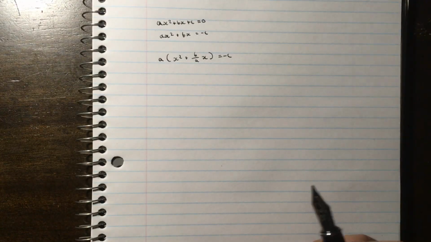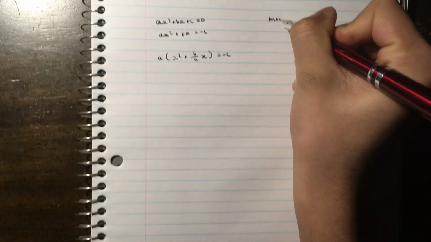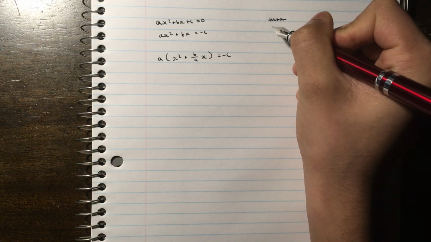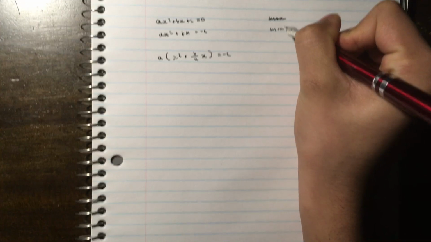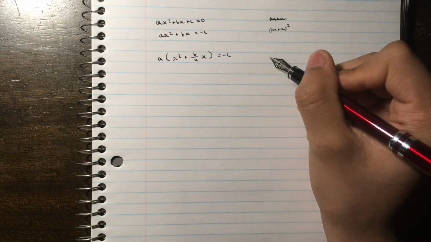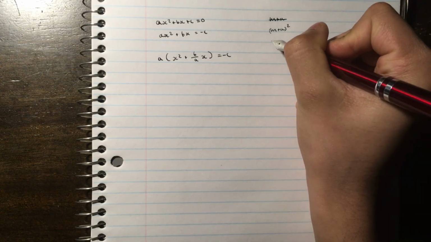When you have something like m plus a squared, and this isn't part of this equation, right? We can multiply that out.